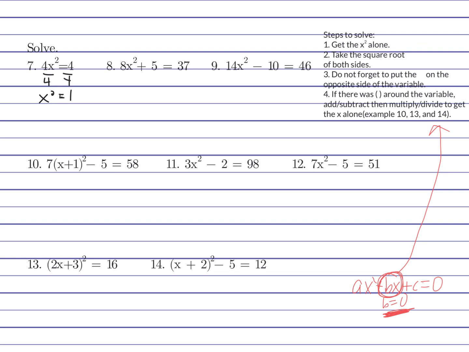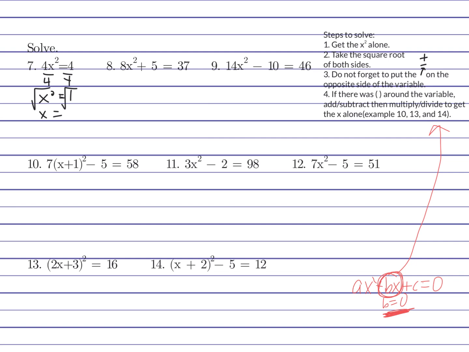Then step 2 says take the square root of both sides. The square root of x squared is x equals, step 3 says, do not forget to put the plus or minus on the opposite side of the variable.